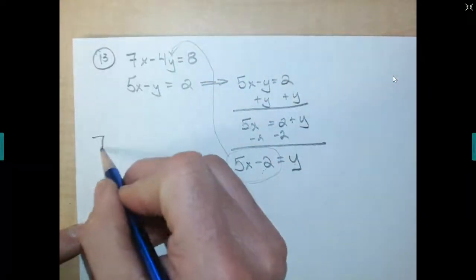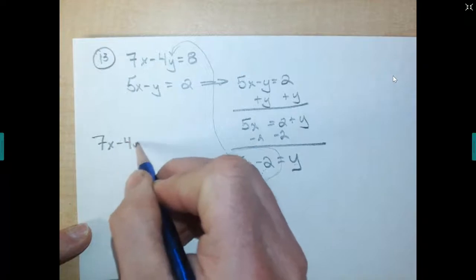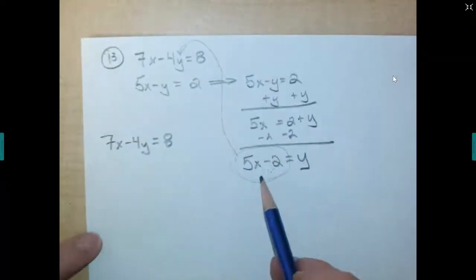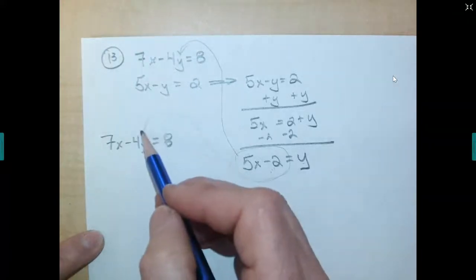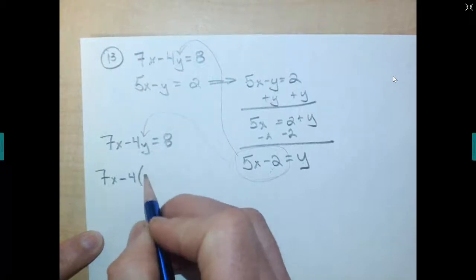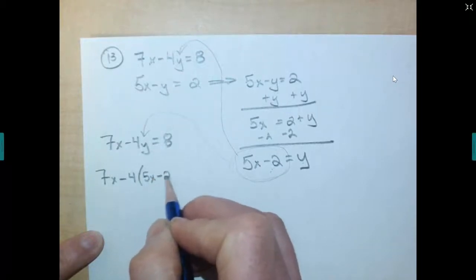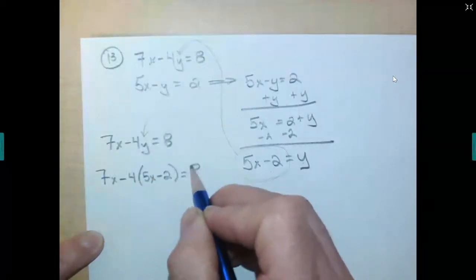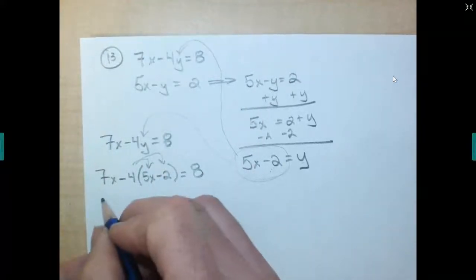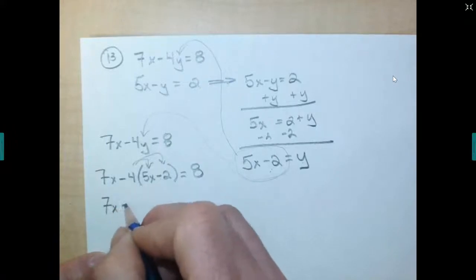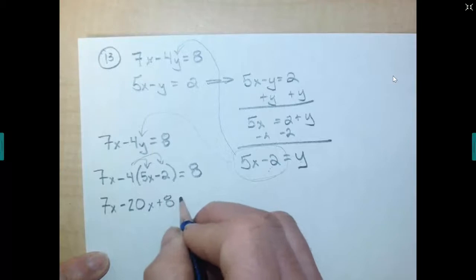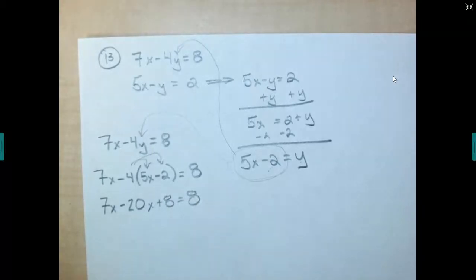So I have 7x minus 4y equals 8. And then I plug this in for the y. 7x minus 4 times 5x minus 2 equals 8. I distribute my 4, so I have 7x minus 20x plus 8 equals 8.